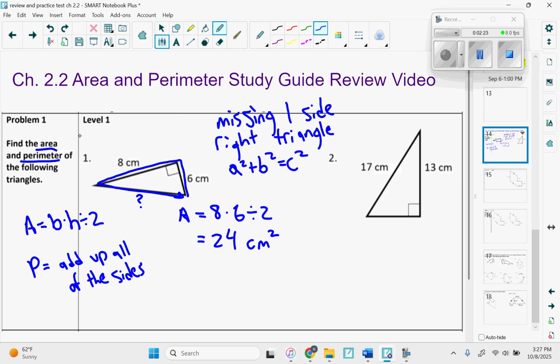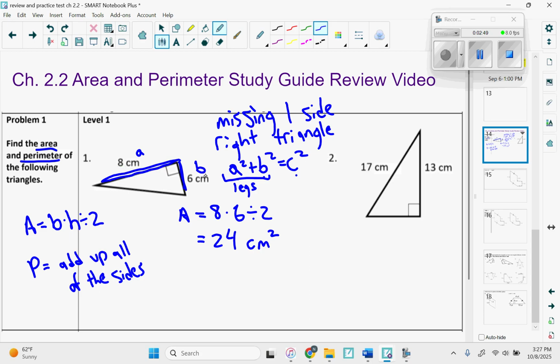So what I want to do is label my A, my B, and my C on my right triangle here. And A and B in my Pythagorean theorem are always the legs of the triangle. And the legs of the triangle make a right angle. So A and B are also the base and the height.